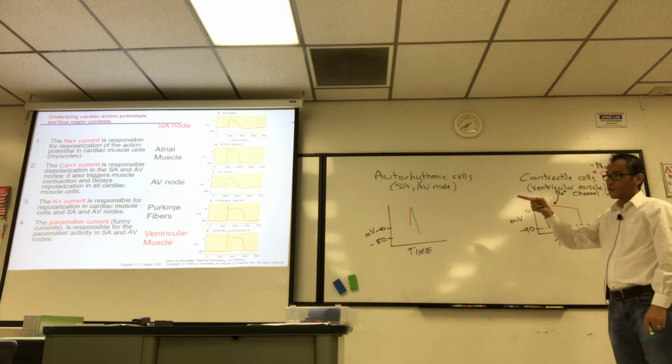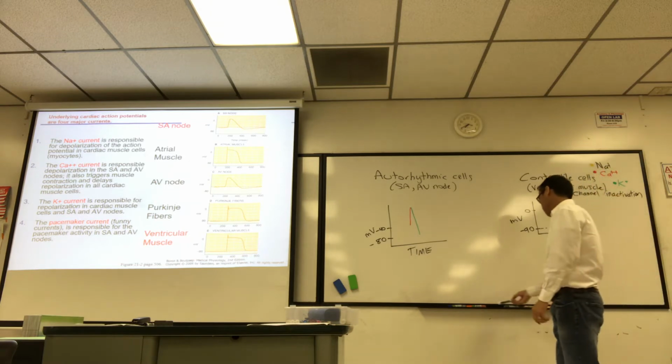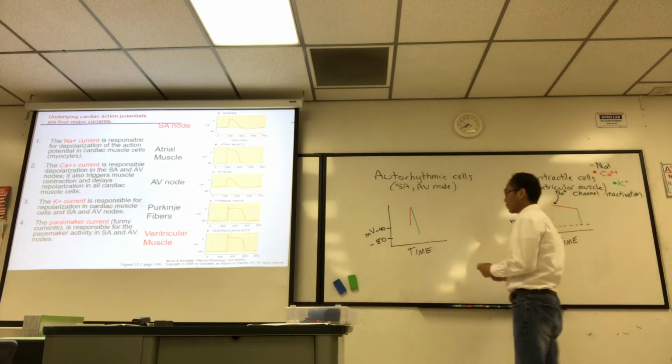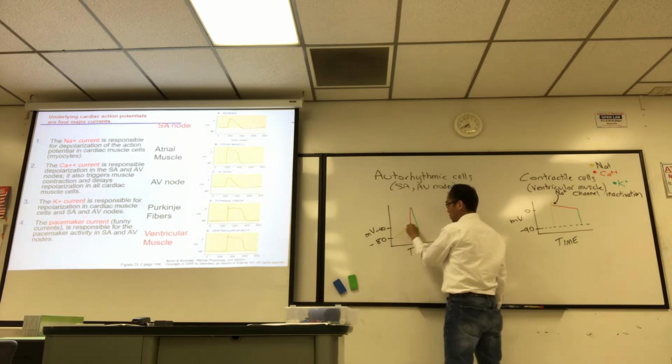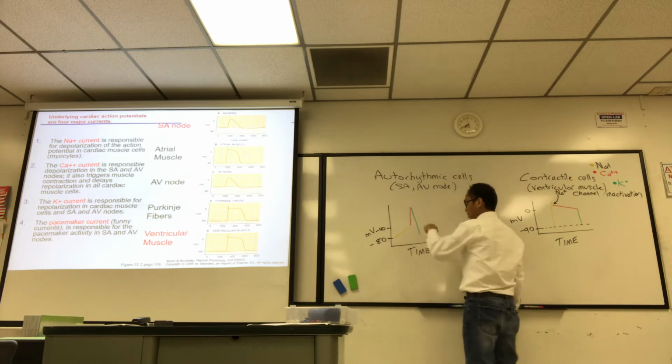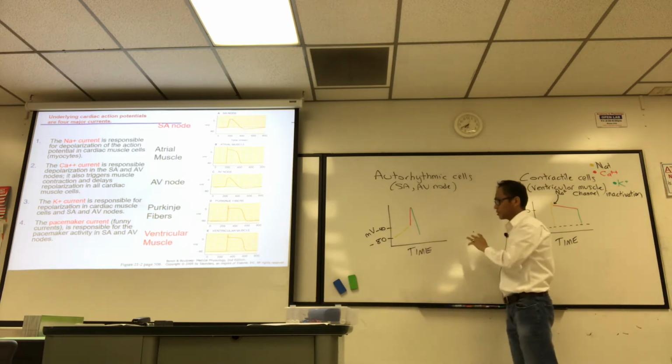All right, so the fourth thing is the pacemaker current. They're called funny currents. Now, some of that current is carried by sodium. So that's that pacemaker current where it's a slow rise to threshold. And then you get your action potential. And then when you get to a negative potential again, it doesn't stay there.